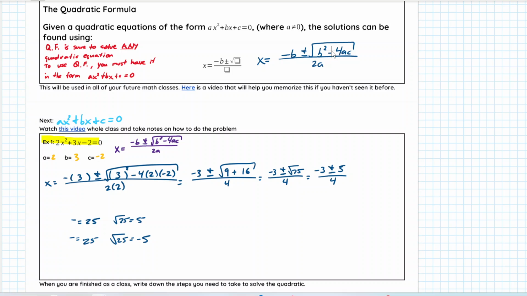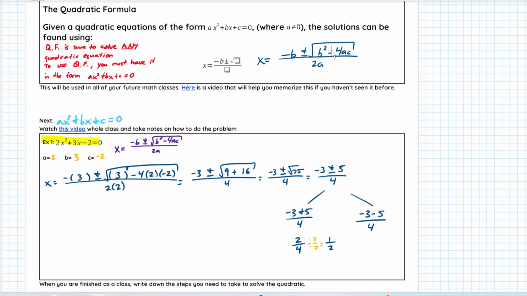So to completely solve this, all we need to do is create two separate solutions. One where we have plus 5, and another where we have minus 5. And then we just solve. Negative 3 plus 5 is 2 over 4. 2 over 4 can be reduced by 2 over 2 to be 1 over 2.